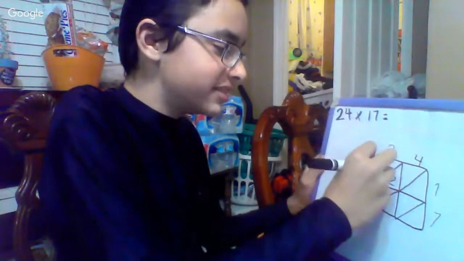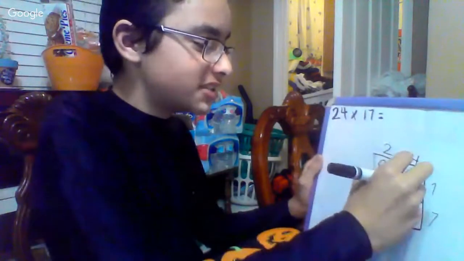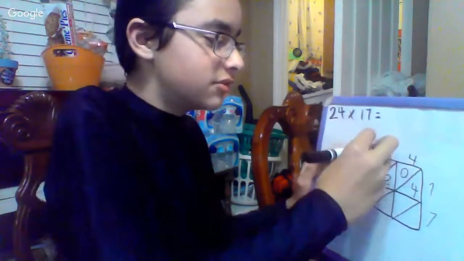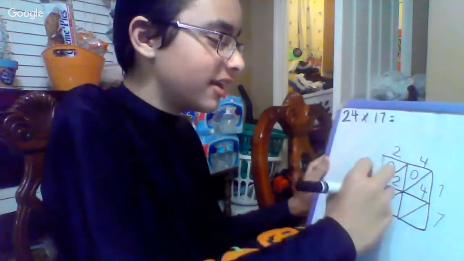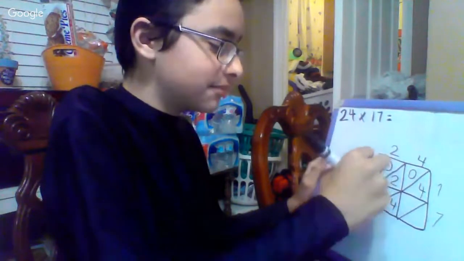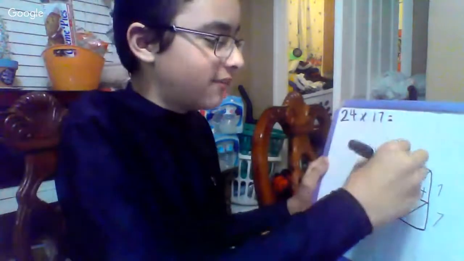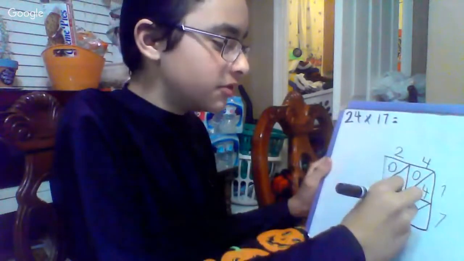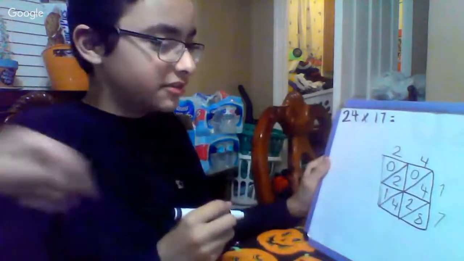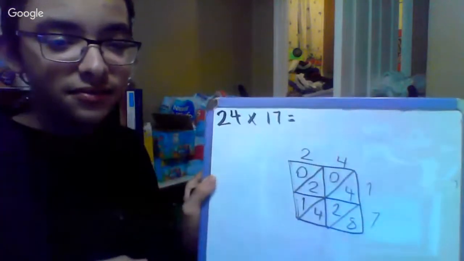Next up we have 4 times 1, which is 4, and you basically do the same thing. 2 times 7 is 14, so you put one digit in each little triangle. And then 4 times 7 is 28, so you do that. So you should have this.